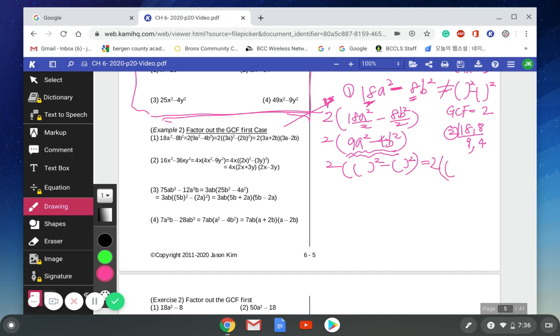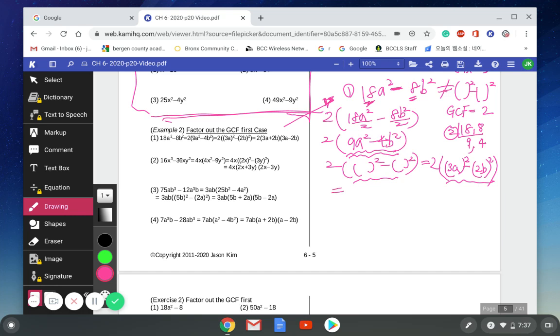So what's going to be inside? Well, 9a squared means the square of 3a. And minus 4b squared is the square of 2b. So you have to see if you are able to translate it into a difference of squares: square of something, square of something, square of the first term minus square of the second term.